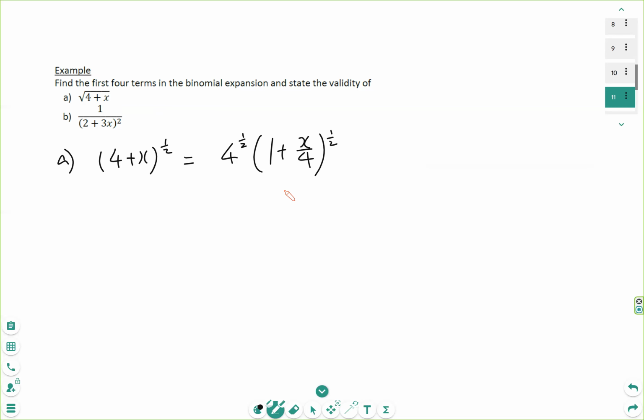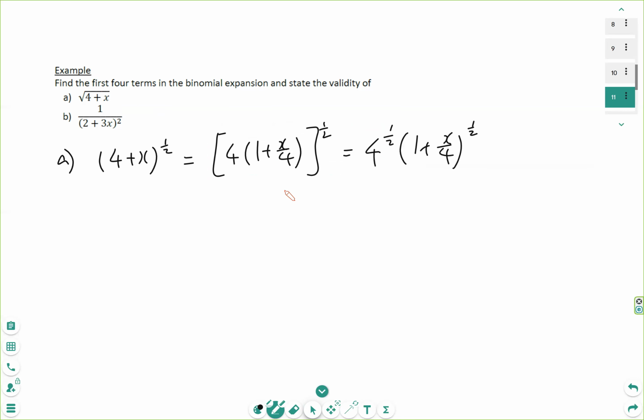If you're struggling with this, let me show you the steps in between, whether you want to copy it or not. 1 with a square bracket, factorize a 4, so 1 plus x over 4, to the power of a half. Then I put the half back into the bracket: 4 to the power of a half times 1 plus x over 4 to the power of a half. 4 to the power of a half is the same as root 4, which is 2.